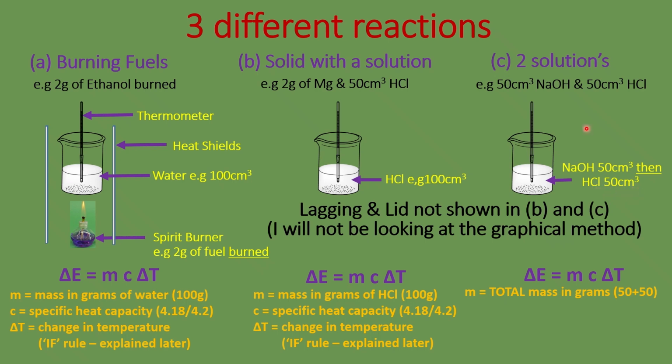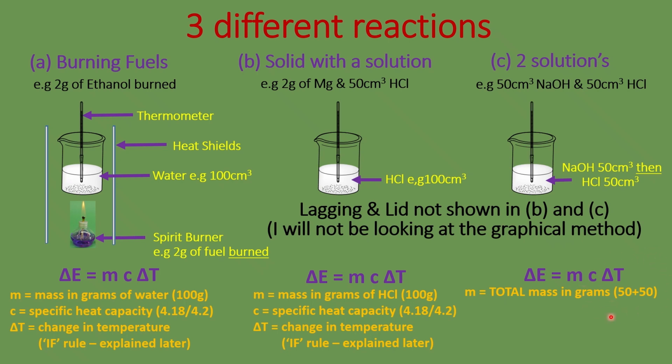So we want the final mass of the reaction, not the initial 50, the final. So we always add the two volumes together. Note we did not add the mass of the magnesium here. We don't need to do that unless they give you the mass of the whole reaction mixture, which we can look at later on in next PowerPoints. So this is the total volume of the two chemicals that are reacting.